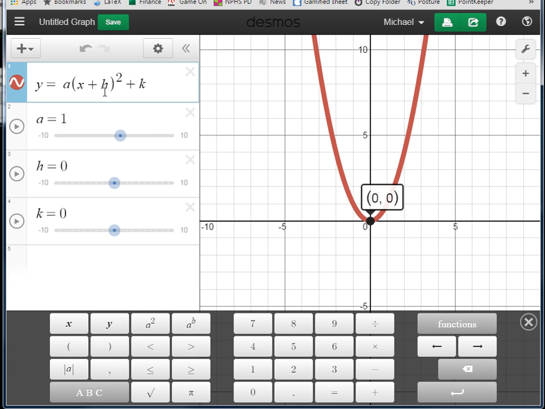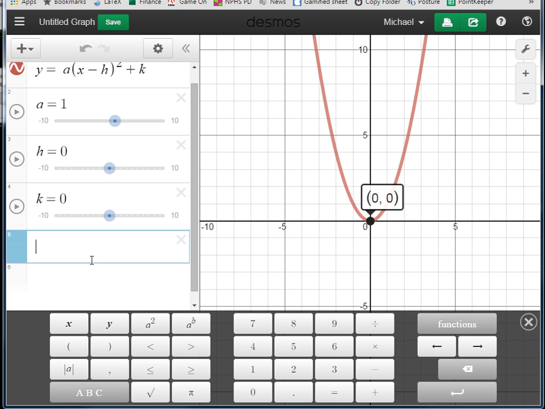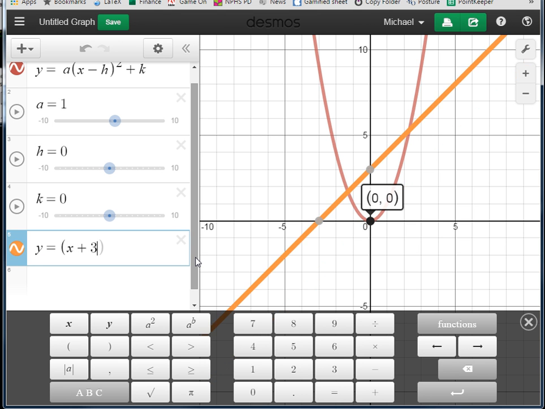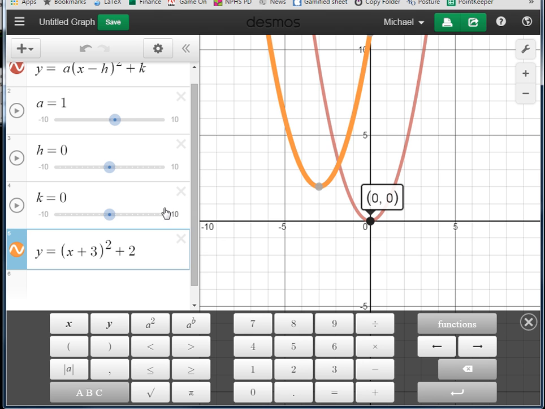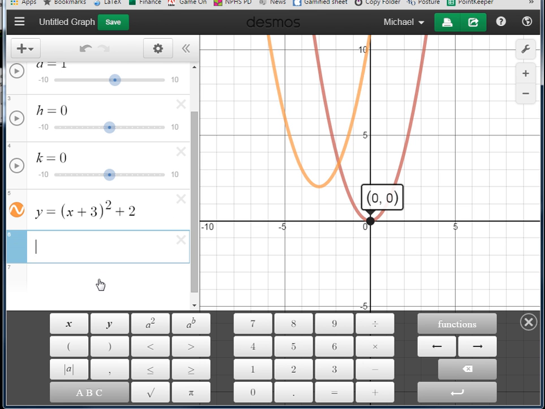In general, the idea is that when you have whatever your h value is, let's take another look. So what if I have y equals (x plus 3) squared, and then I say plus 2. If you had to identify the vertex of this particular graph, you would say the vertex is at x is negative 3 and y is 2.